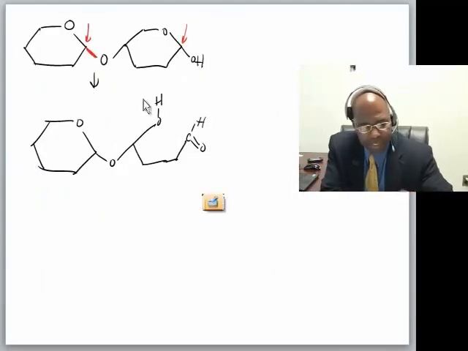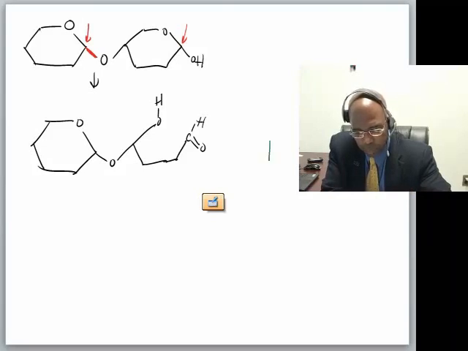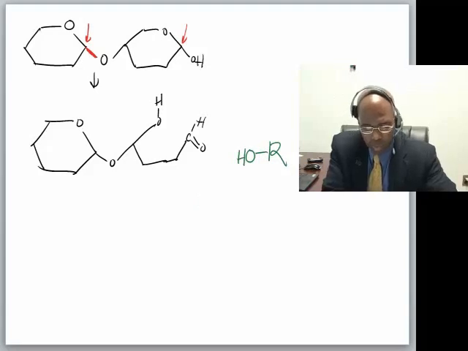So let's say you have some species here, something that has oxygen attached to it. And we've already seen this reaction, where this is carbon 1.